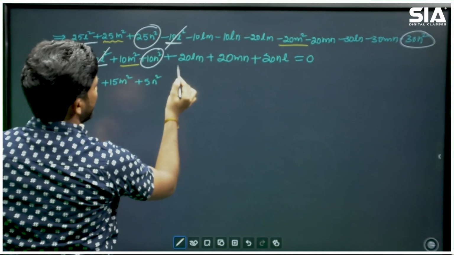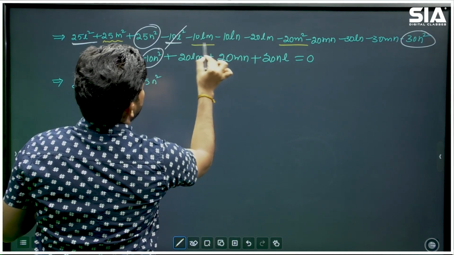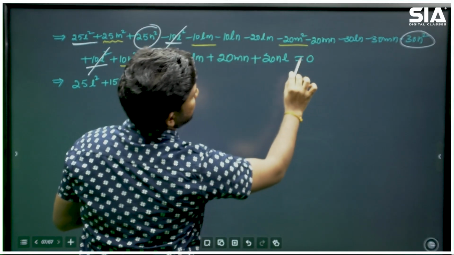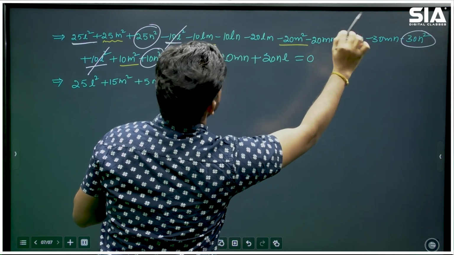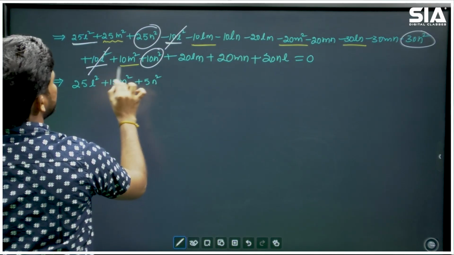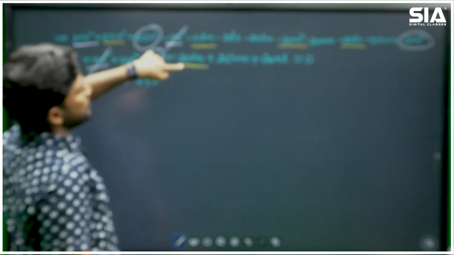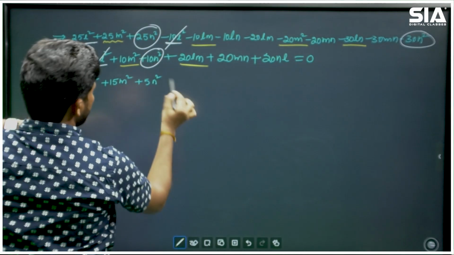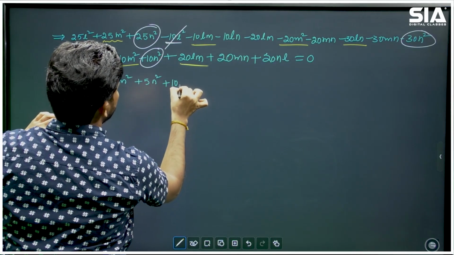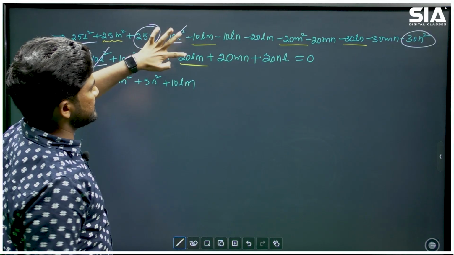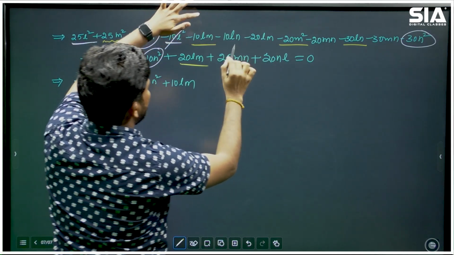Now come to lm terms. lm terms means here you can take minus 10 lm, minus 30, plus 20 lm. 10 lm plus 20 lm, so it will become plus 10 lm. Okay. Come to mn values or ln values.